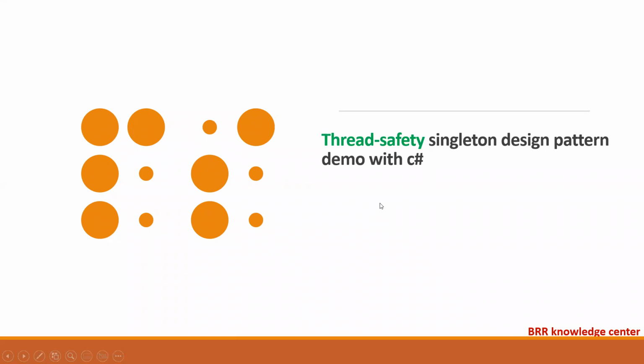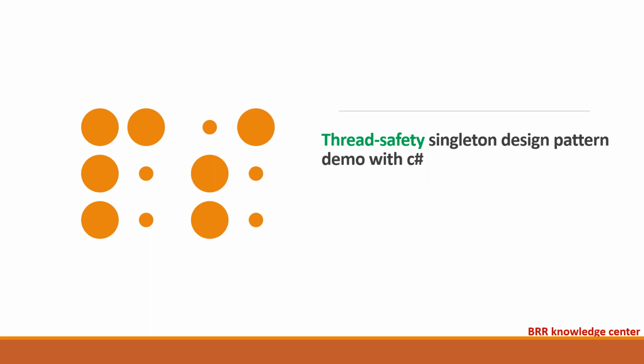If we implement the singleton design pattern with thread safety, then it will follow the guidelines of the singleton design pattern: always having one instance of the singleton class, with global access to use that object across all the pages.